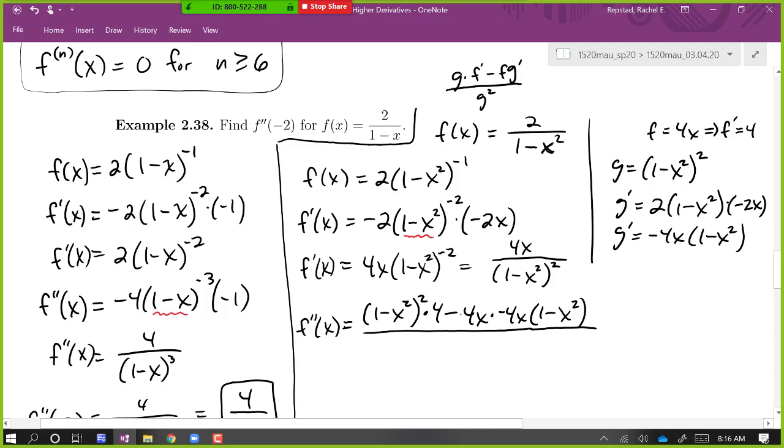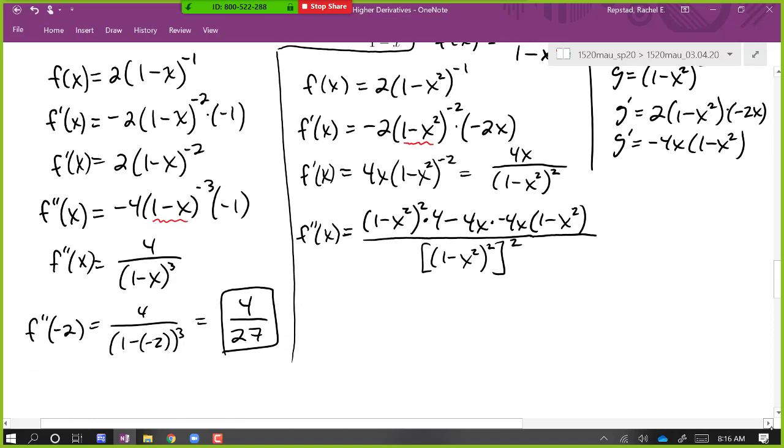So that would be 1 minus x squared squared squared. Then we have some algebra to do. There's substantially a bit more work to find the second derivative than there was to find the first derivative. Nothing we can't handle.